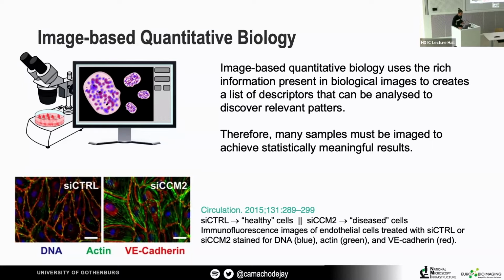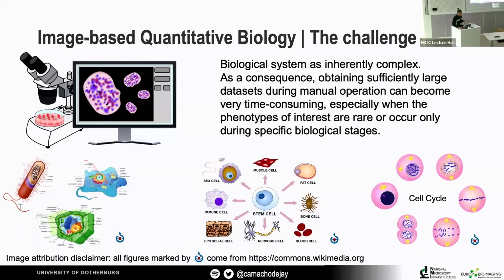The challenge in quantitative biology is that many samples have to be imaged in order to achieve statistically significant results, right? Because of that need to image many samples, we have moved to study biological systems that are inherently complex. We might have many different model organisms, but even within a single model organism we might have cell differentiation, and within a cell line we have the cell cycle, right?